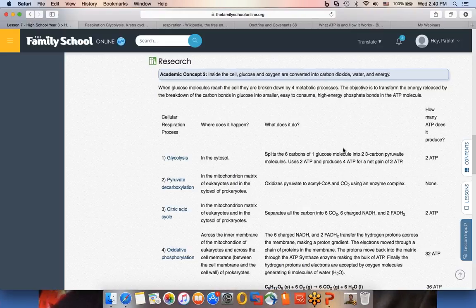Then there's this word I don't know how to pronounce. Pyruvate decarboxylation. Very good. Some of these words get you.